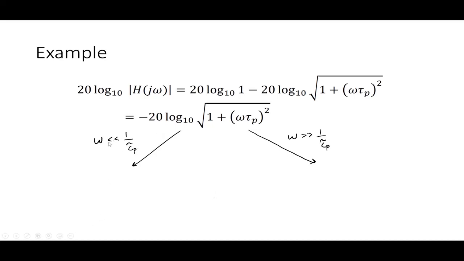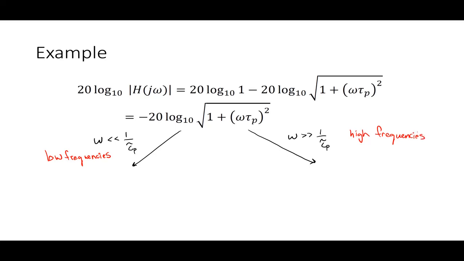The first case: let omega be much, much less than 1 over tau p. In the other case: let omega be much, much greater than 1 over tau p. This would be what I would call low frequencies, and this over here would be what I would call high frequencies.